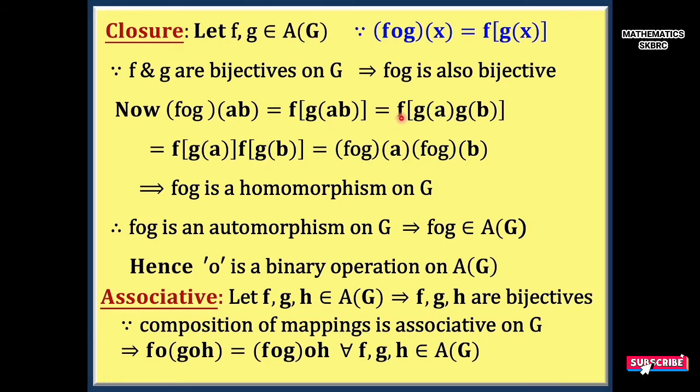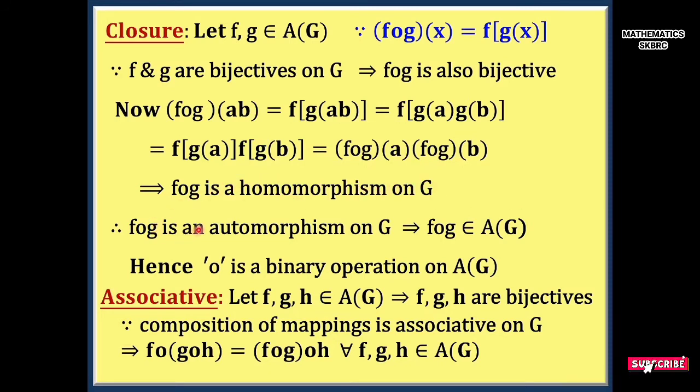Since f is a homomorphism on G, this can be written as f of g of a into f of g of b. That is equal to f circle g of a into f circle g of b. Therefore, f circle g of ab is equal to f circle g of a into f circle g of b. This means f circle g is a homomorphism on G.